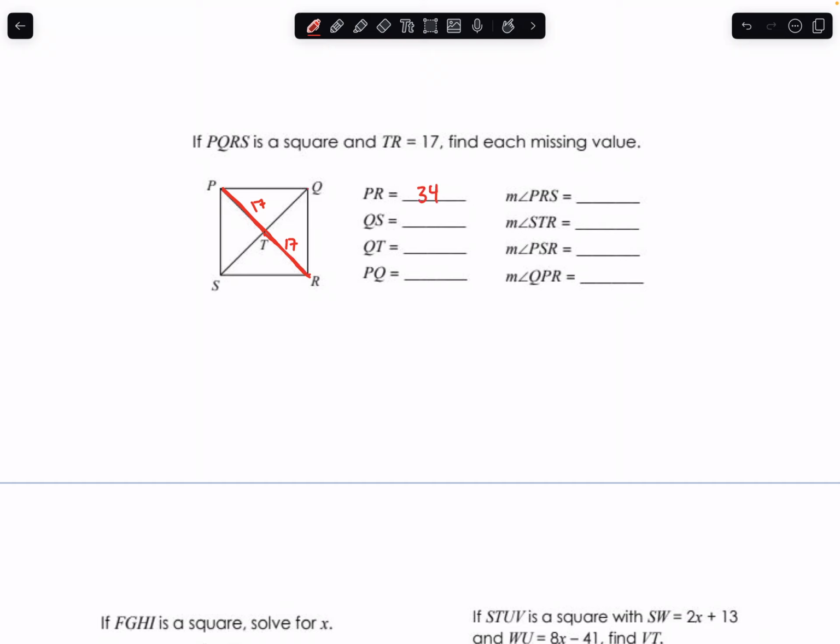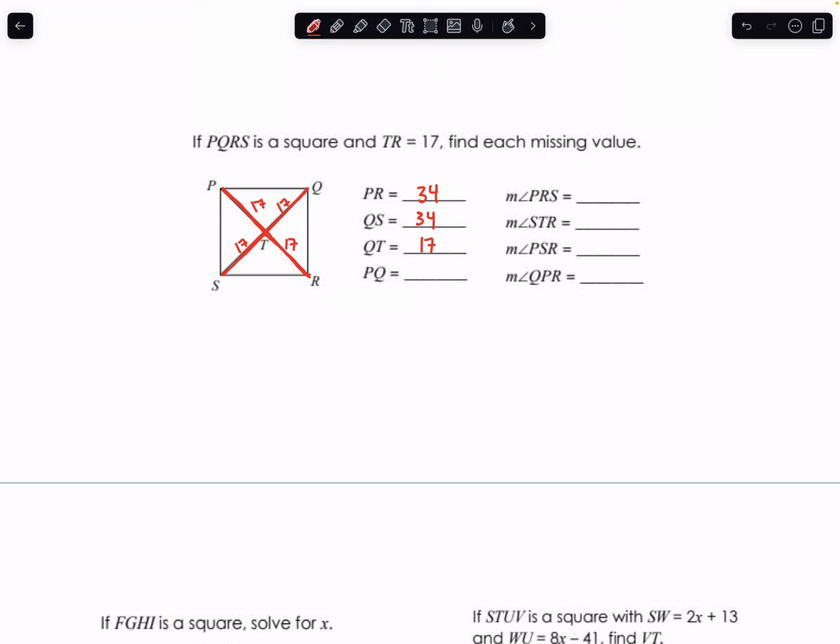QS is the other diagonal. Diagonals are going to be congruent like the rectangle. So if PR is 34, that means that SQ or QS is also 34. Or I can say this is 17, this is 17. They're all 17s. To find QT, I can see how it's also 17 as length.